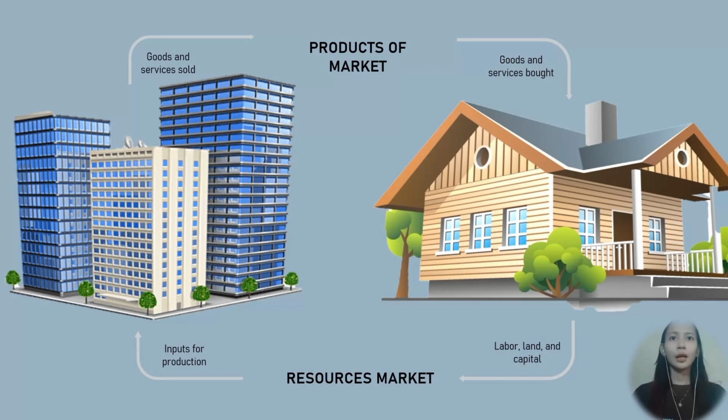The households sell the use of their labor, land, and capital to the firms in the markets for the factors of production. The firms then use these factors to produce goods and services, which in turn are sold to households in the market for goods and services. Hence, the factors of production flow from household to firms, and goods and services flow from firms to household.